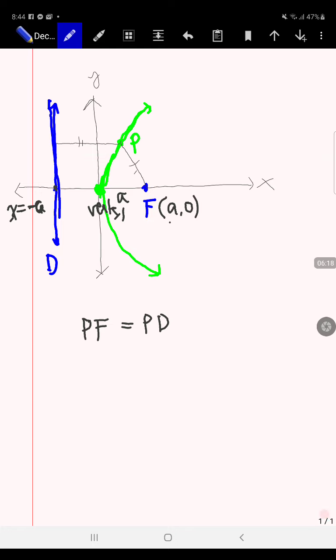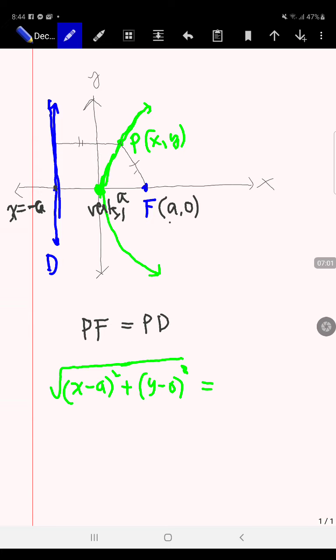With that information, using the distance formula, where the coordinates of P are x and y, we'll have the square root of (x minus a) squared plus (y minus 0) squared is equal to x plus a.